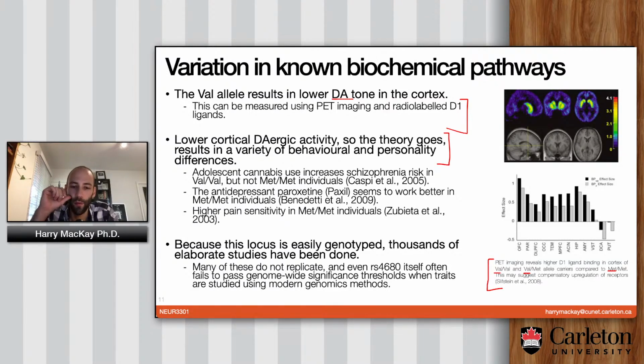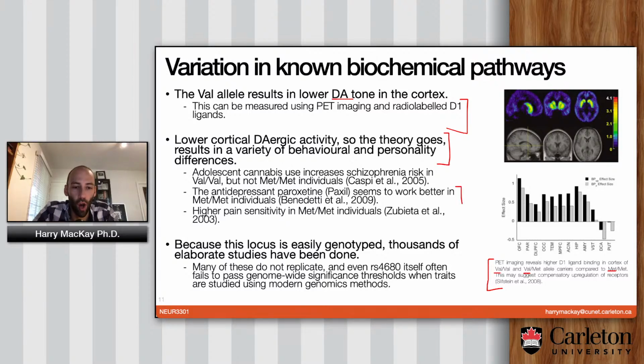One that's rather famous came from Caspi et al. in 2005, where they showed that adolescent cannabis use can increase schizophrenia risk, but only in people who are homozygous for the Val allele. People who are homozygous for the Met allele, this apparently doesn't happen. So this is an interaction between your risk of a certain condition, your genotype and the environment, because cannabis obviously is not part of your genes, it's the environment. So you've got a gene by environment interaction there when it comes to schizophrenia.